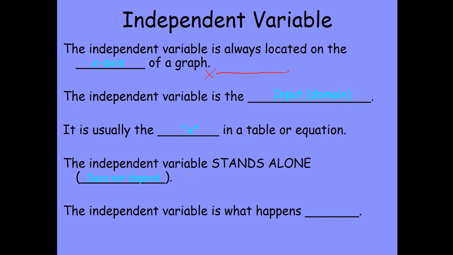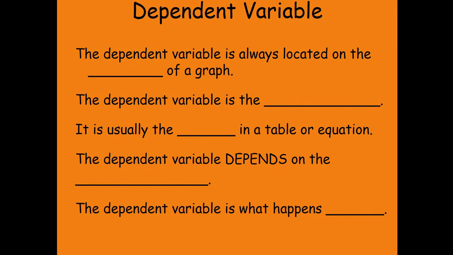A lot of times that is the independent variable in algebra. The independent variable is what happens first, right? So we change something first, just like science. We change something and then we see what happens with the dependent. The dependent variable is located on the y-axis, and it is the output.